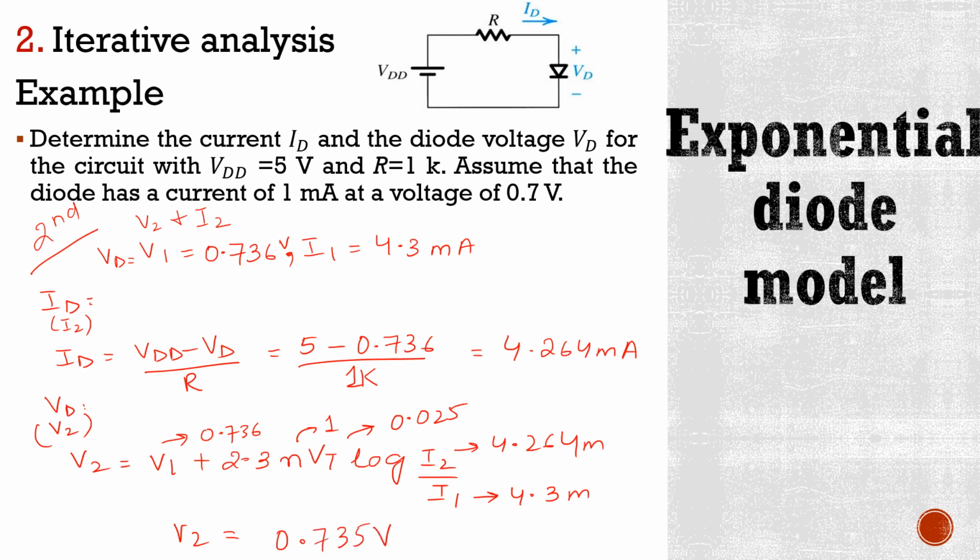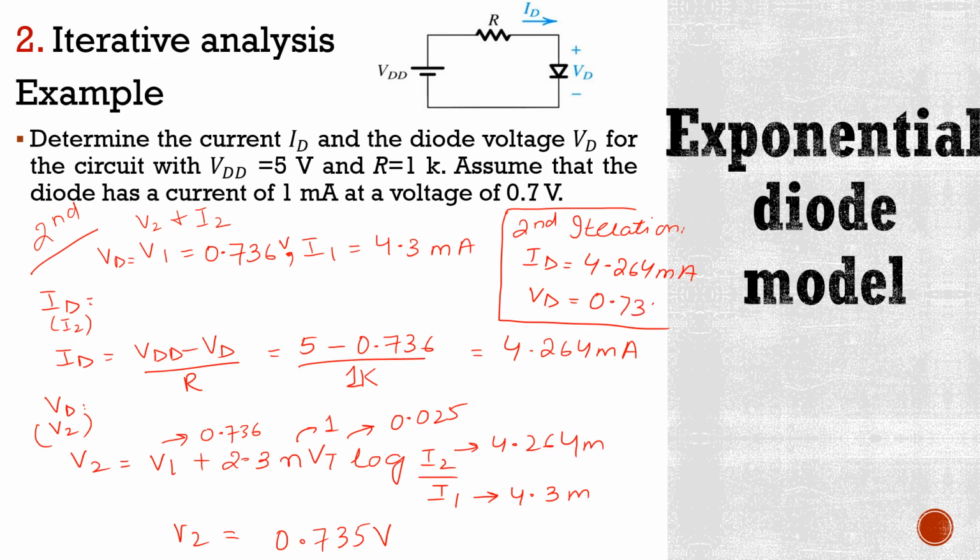So the results of the second iteration are ID is equal to 4.264 milliamperes and VD is equal to 0.735 volts.